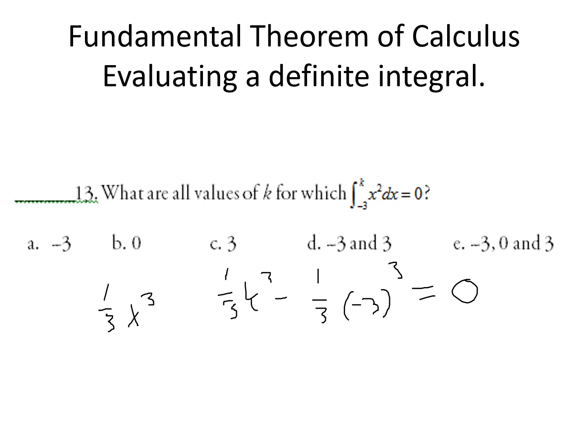Let's simplify this, k cubed over 3. Sorry, that doesn't look like a cubed. I have to fix it. So negative 3 to the power of 3 is going to equal negative 27. So it's going to be negative 27 over 3 equals 0.